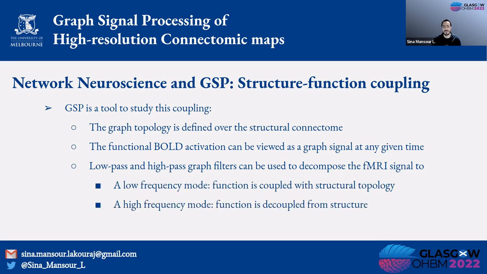So we would have a low frequency mode in which the function is mostly coupled with the underlying anatomical structural topology. And we would also have a high frequency mode in which the function is relatively independent of the underlying structure.